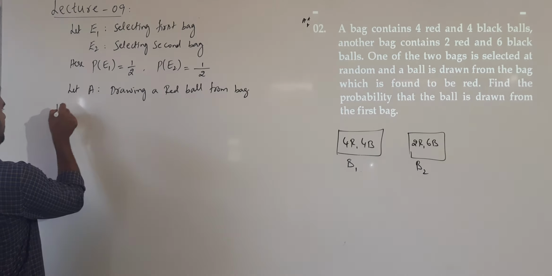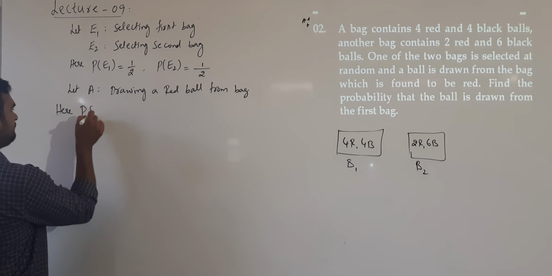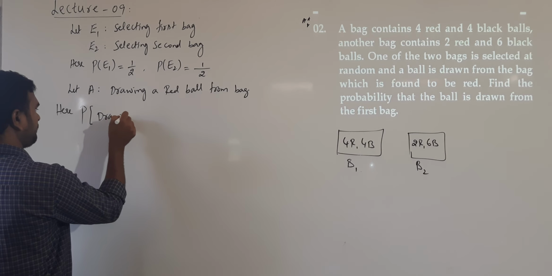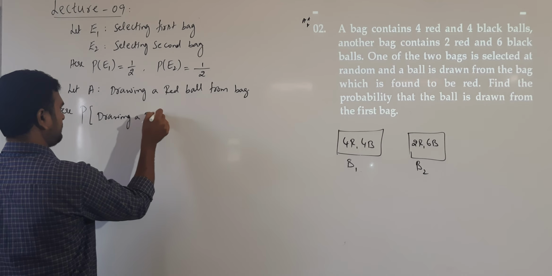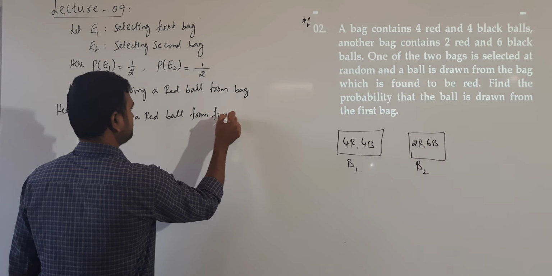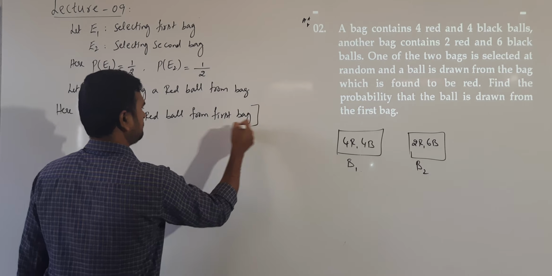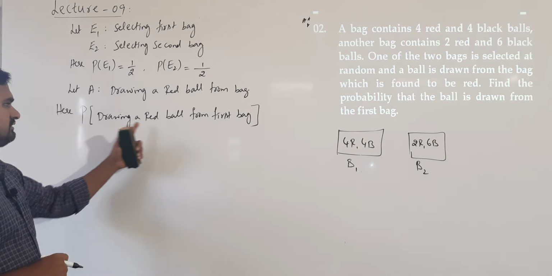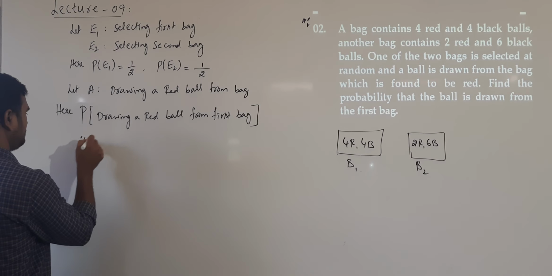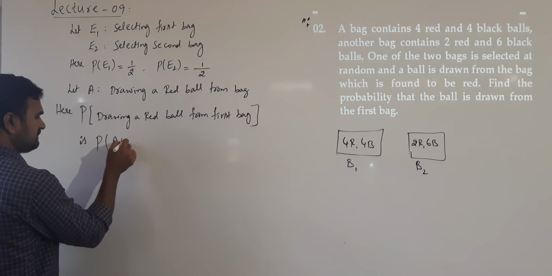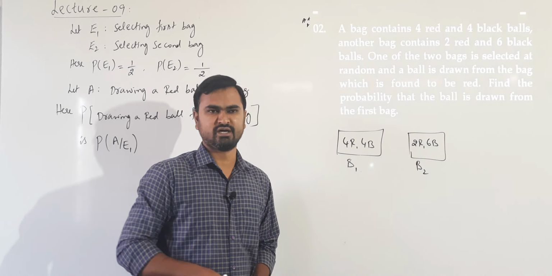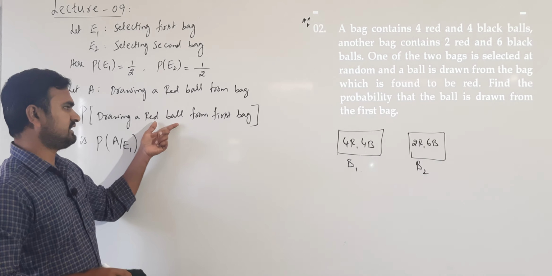So here, the probability of drawing a red ball from the first bag is P of A given that the first bag is selected. First we select one bag, and in that we are interested in getting a red ball.